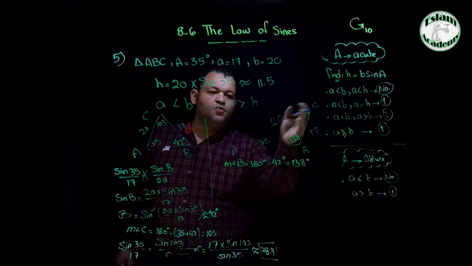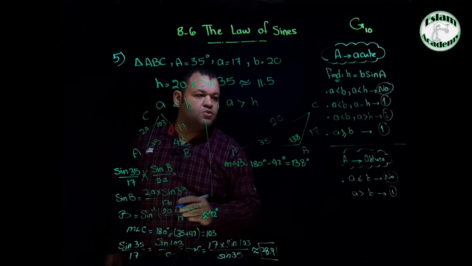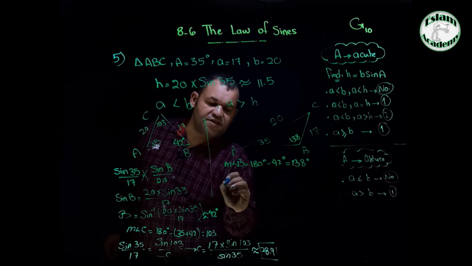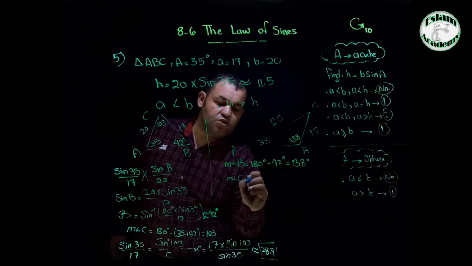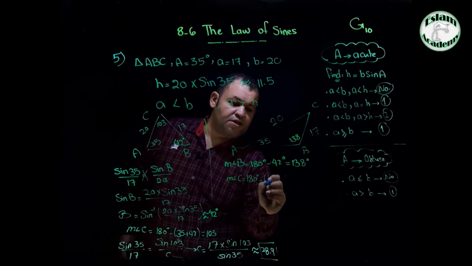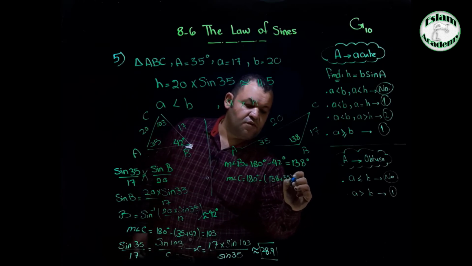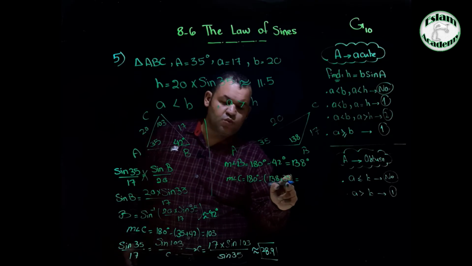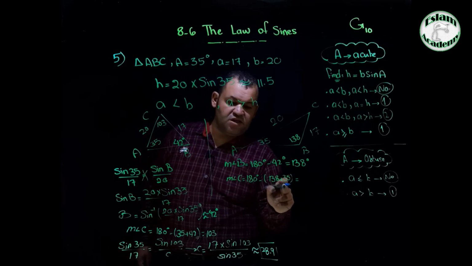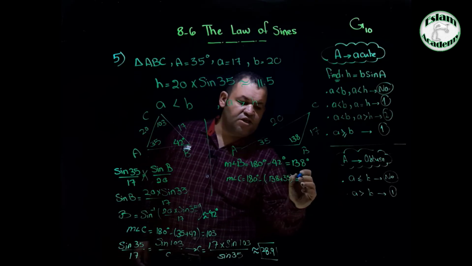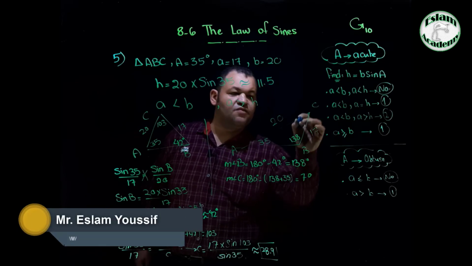We will repeat the same for triangle number 2, the second solution. So we can find measure of angle C. Measure of angle C equals 180 minus the sum of 138 plus 35, which is 173. By subtracting from 180, angle C will be equal to 7 degrees.